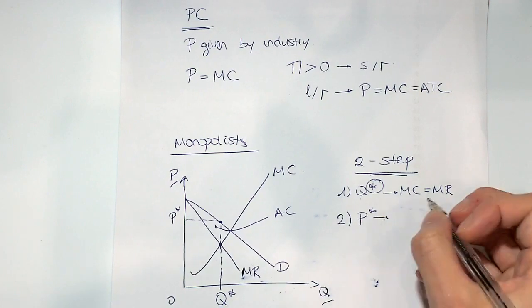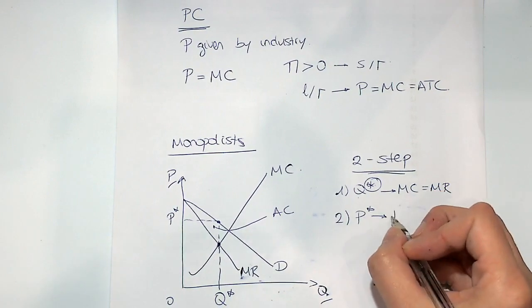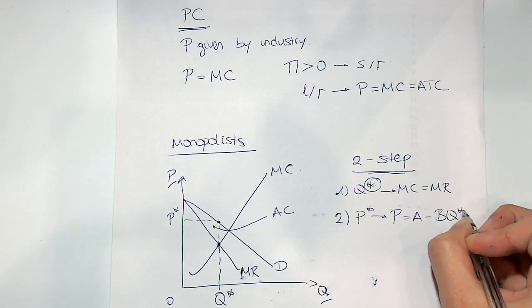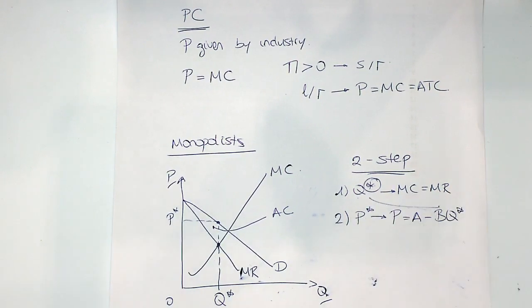So you take the optimum output to the demand curve, and you substitute there, whatever the inverse demand curve is in that case. The profits here are going to be positive, otherwise there is not much reason to be a monopolist. And how can you calculate the profits there?